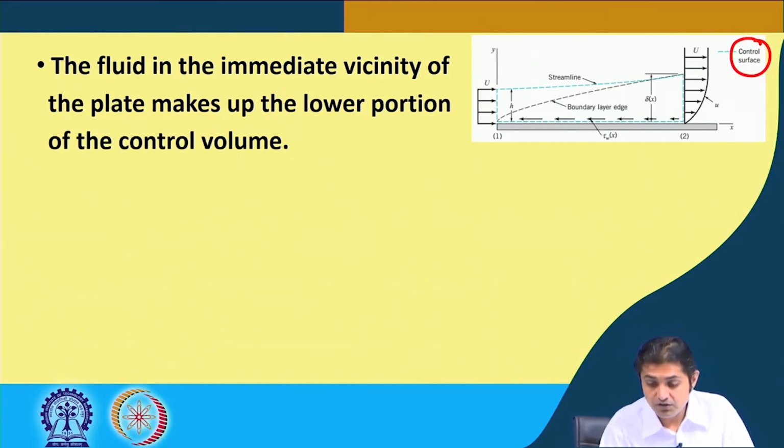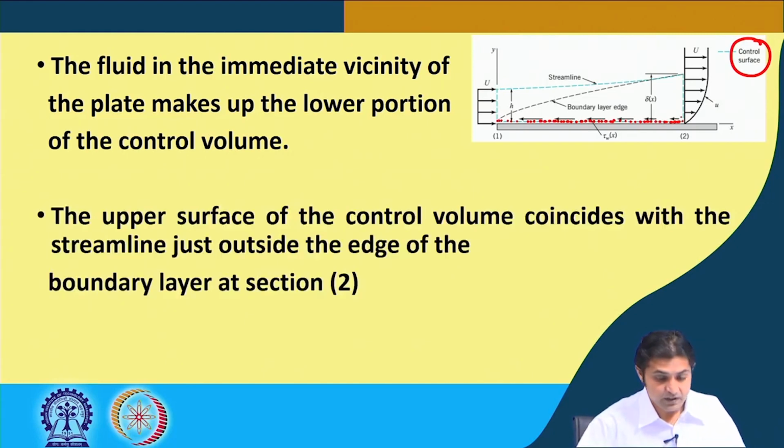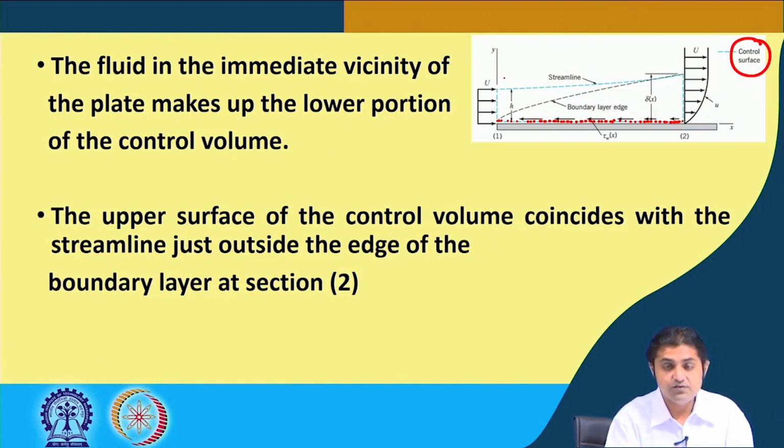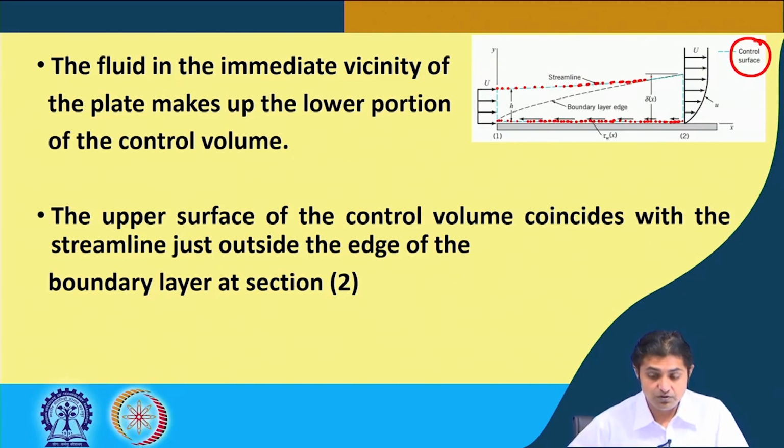The dashed line, now I am marking it with red dots, is the lower portion of the control volume, and the upper surface of the control volume coincides with the streamline just outside the edge of the boundary layer. So this is the topmost surface of the control volume.